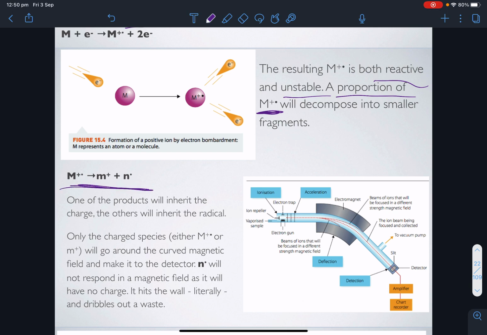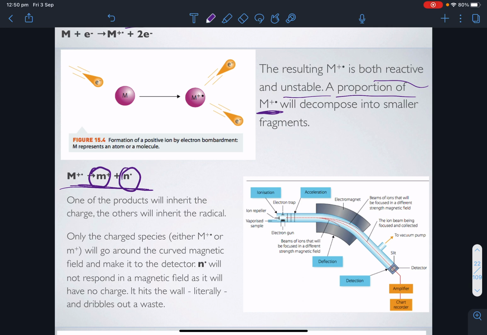And so the thing with this is some fragments will keep the positive charge, and the other fragments will take the unpaired electron and be neutrally charged. Okay, so you're going to get some cations still alive, and you're going to get the radical going with other fragments.